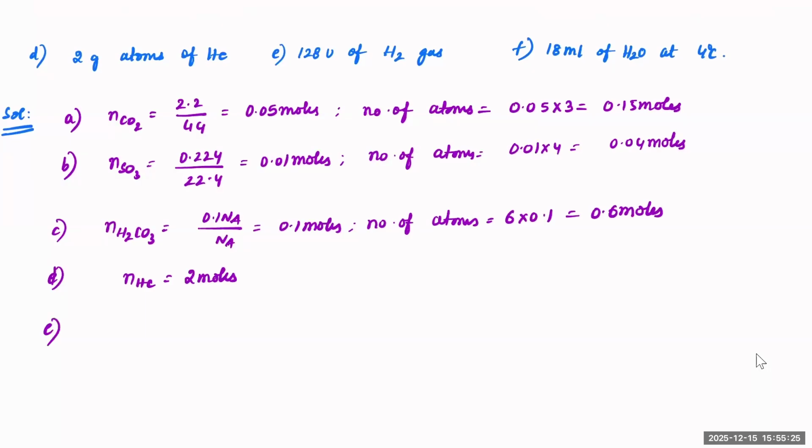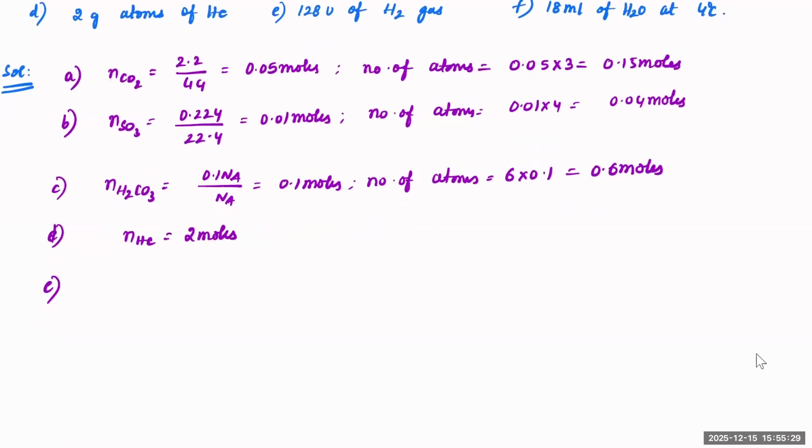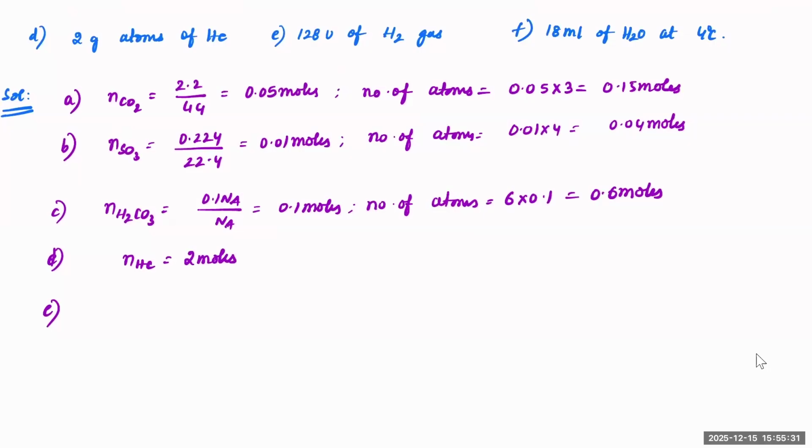Next, E, 128 units of H2 gas. You know that one unified mass unit is equal to 1.66 into 10 raised to the power of minus 24 grams, and dividing this by Na gives the number of moles.